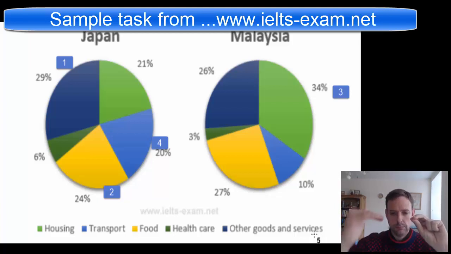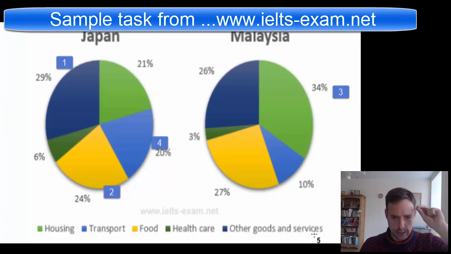However, the difference comes in housing, where it's much bigger in Malaysia, and transport, which is much bigger in Japan. Now, that's debatable, because in Japan, the healthcare is 6, Malaysia is 3, so it's twice as much.